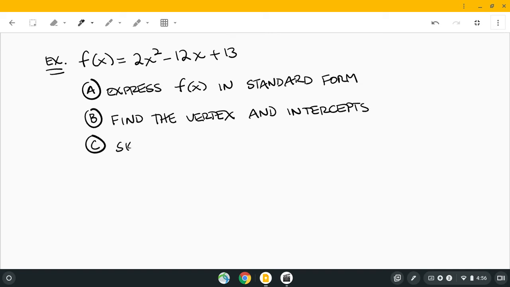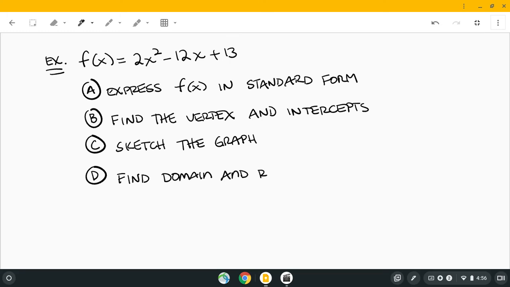C: sketch the graph. And then D: find the domain and range. Okay, so let's have a look.